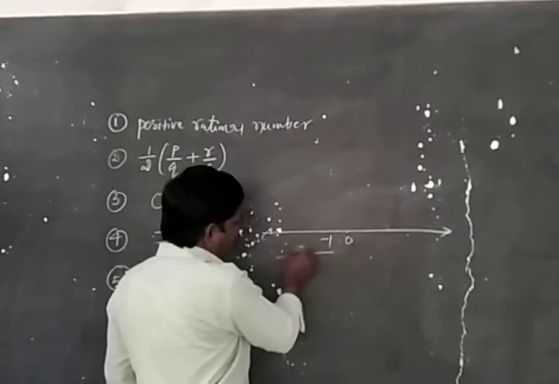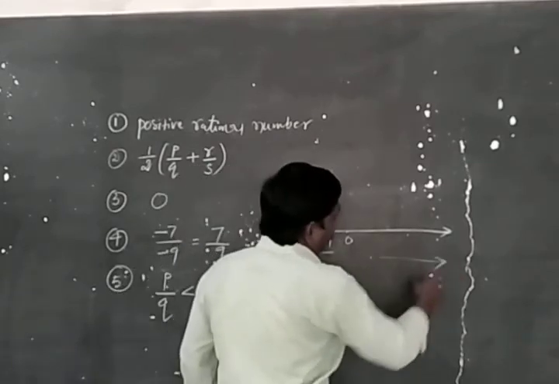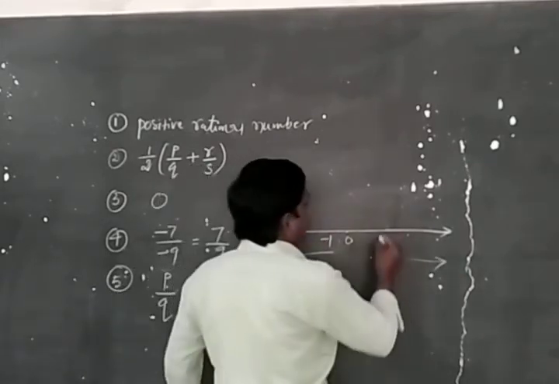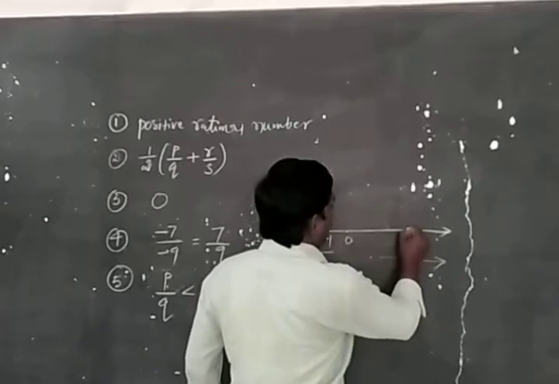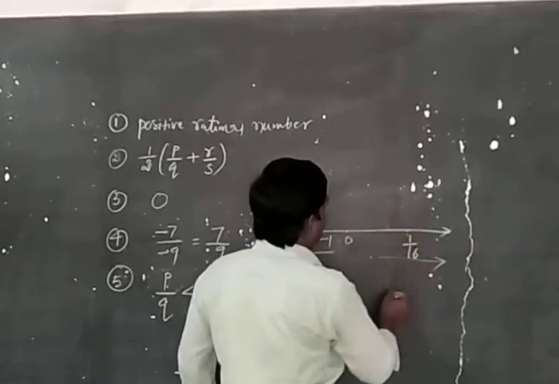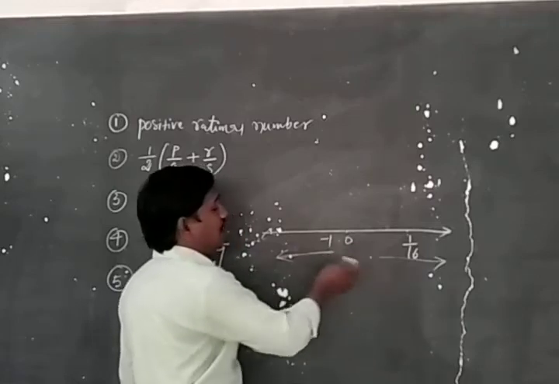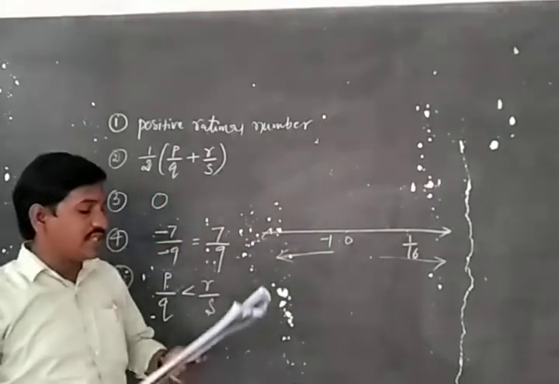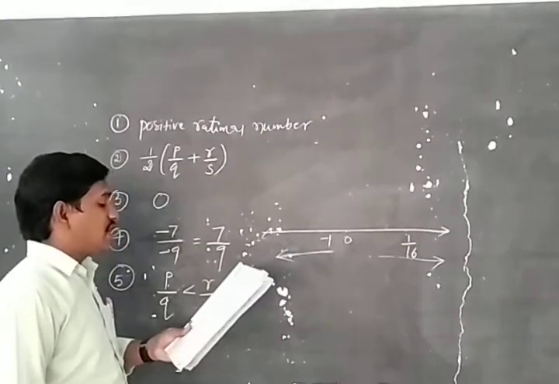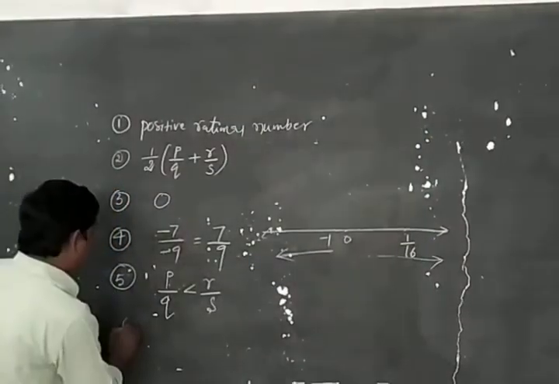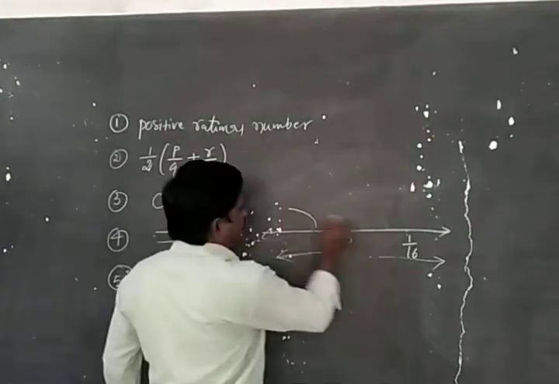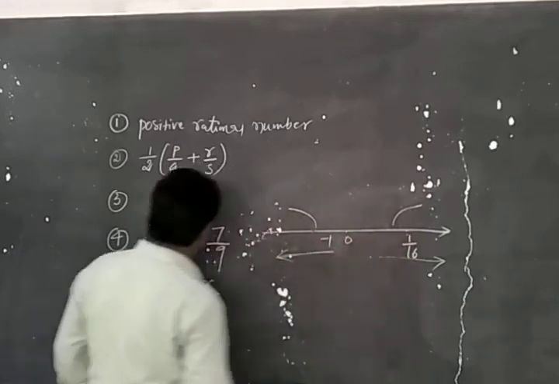All are negative numbers here, and all are positive numbers here. And here 1 by 16. So both rational numbers are on both sides of 0, opposite sides of 0.